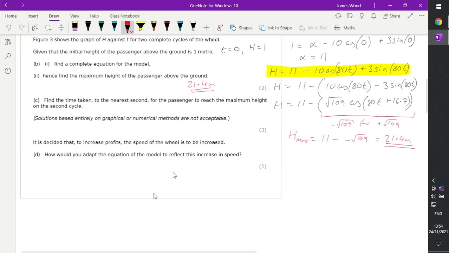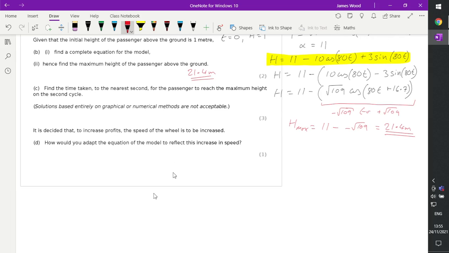Okay. Find the time taken to the nearest second for the passenger to reach the maximum height on the second cycle. Okay, so I'm just going to do my working for C down here. So the maximum height, we said that was when this bit of the trig function was negative root 109.